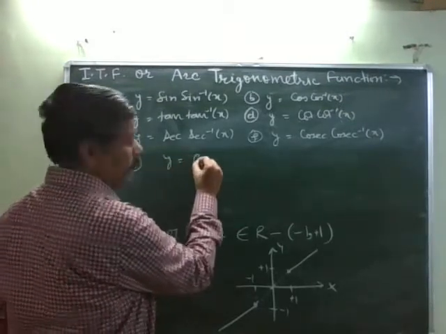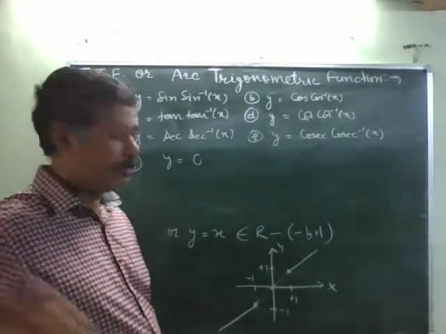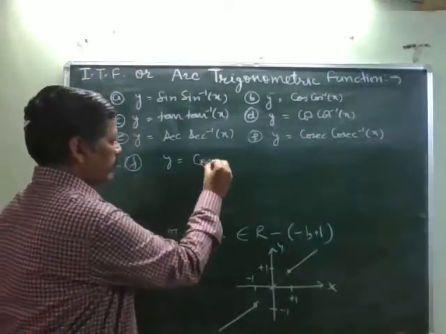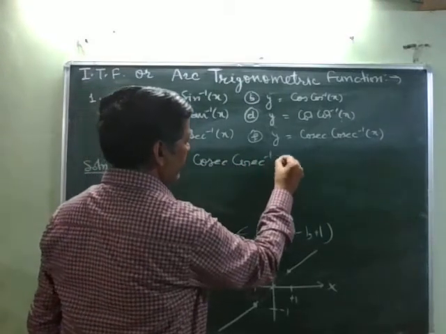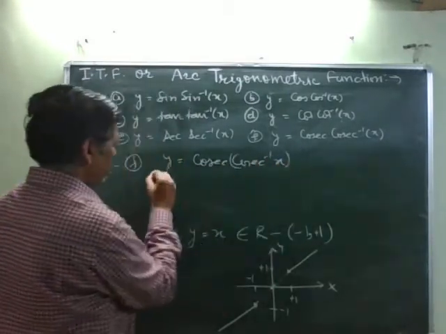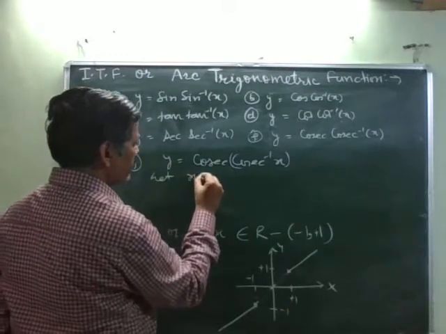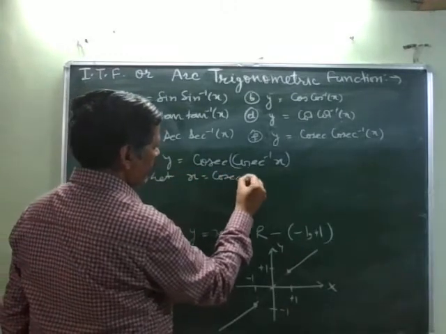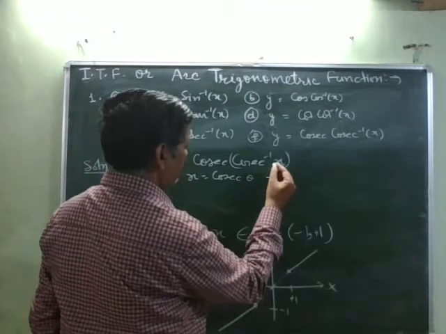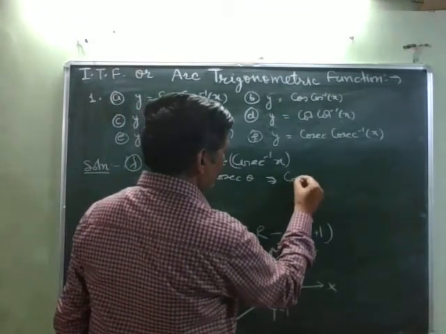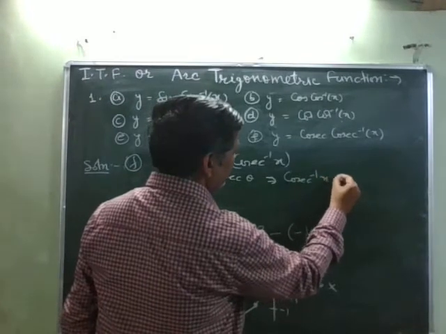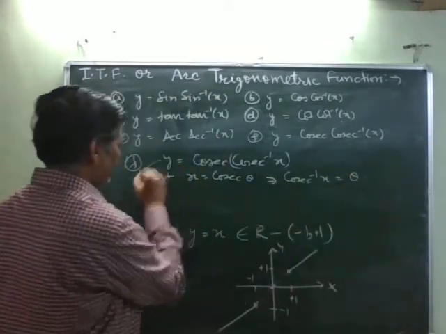Now part F. Y is equal to cosec inverse x. Let x is equal to cosec theta. It indicates that cosec inverse x is equal to theta.